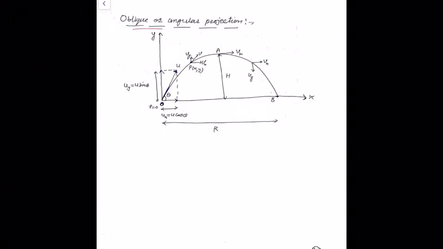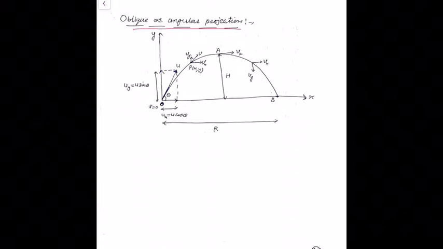So, oblique or angular projection. The motion of a projectile is a two-dimensional motion, so it can be discussed in two parts: horizontal motion and vertical motion. These two motions take place independent of each other.